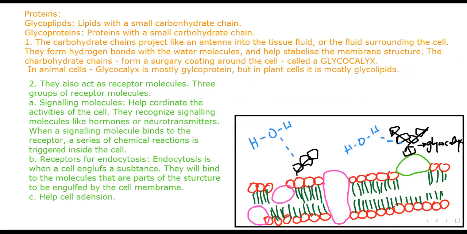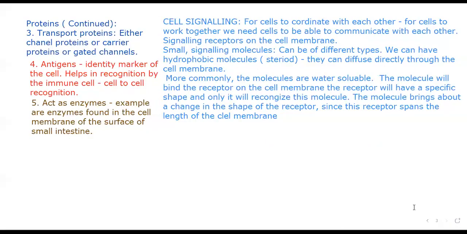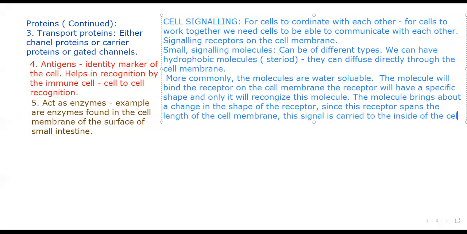It's going all the way through the cell membrane from one side to the other. So when we have molecules like these that span all the way through the cell membrane, what happens is that this signal is carried to the inside of the cell.